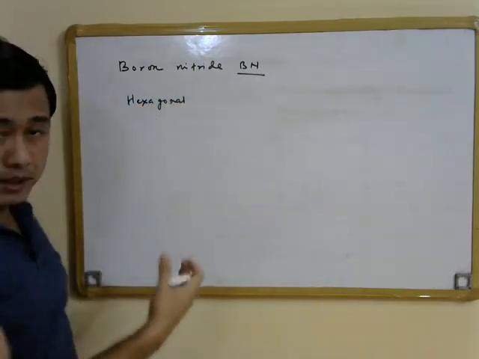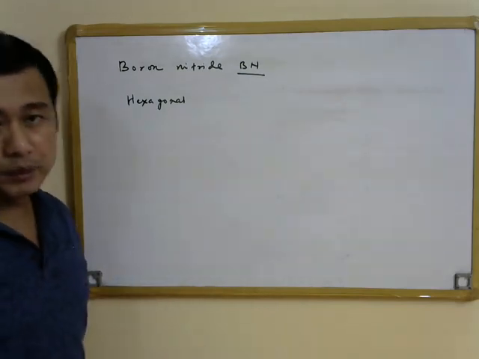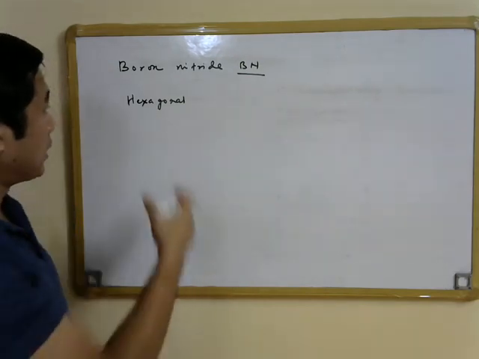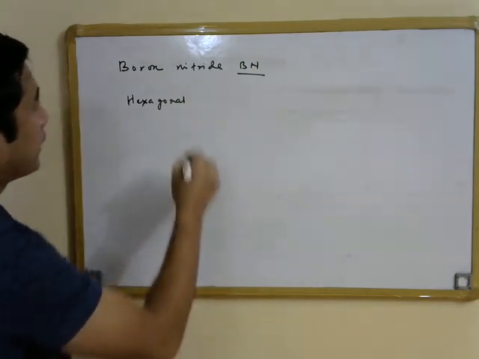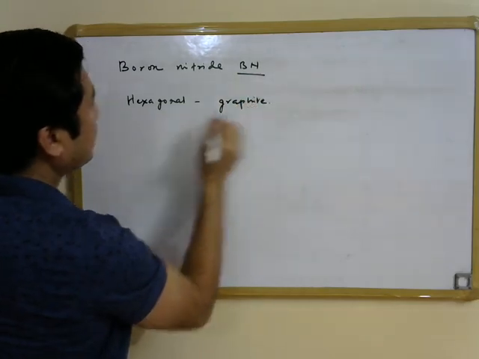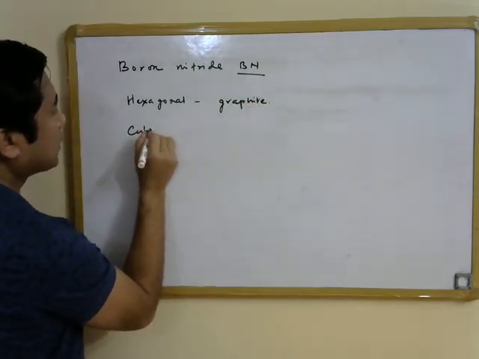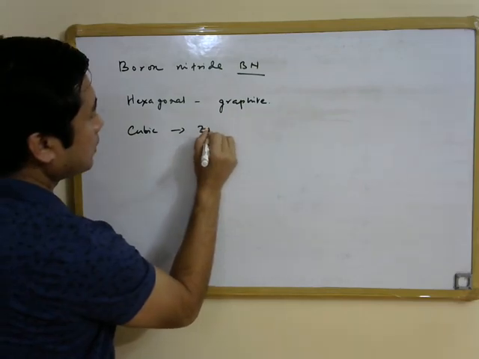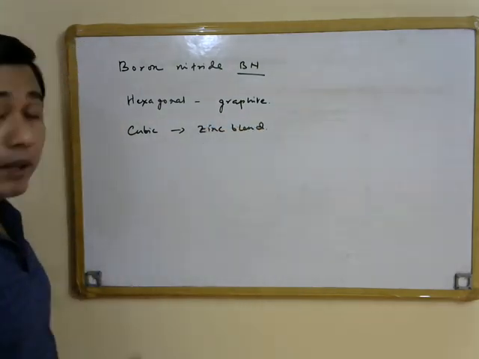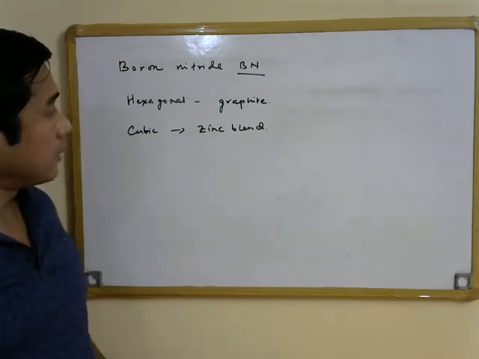One can heat the hexagonal phase to obtain the cubic phase, which has a zinc blende-like structure. Now the hexagonal phase has a graphite-like structure, while the cubic phase has a zinc blende or zinc sulfide type of structure.